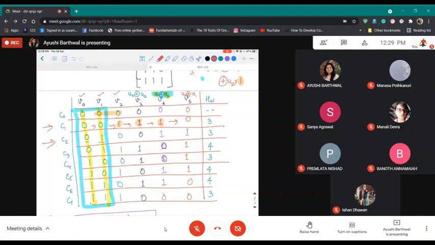But yes, if you observe C1 and C7, they are cyclic. When we talked about these code vectors, all the code words of this matrix were called code vectors.